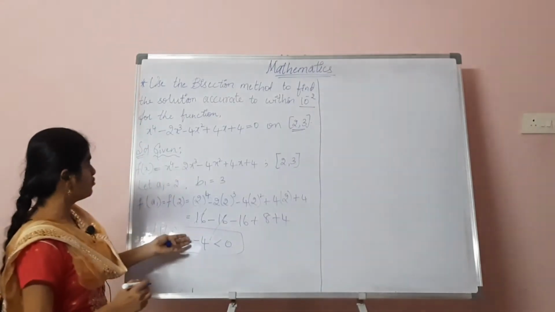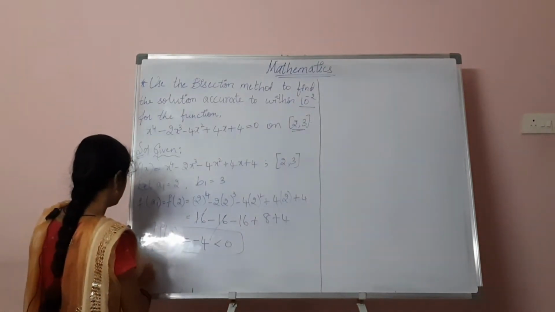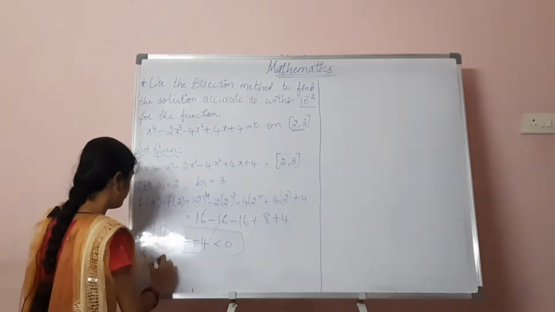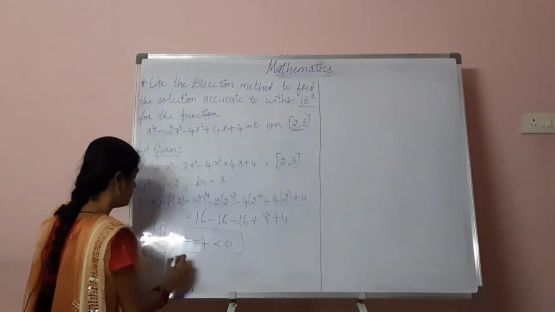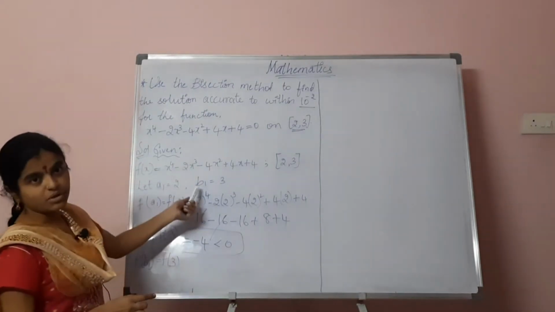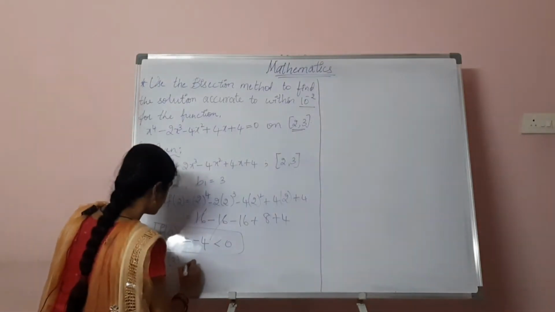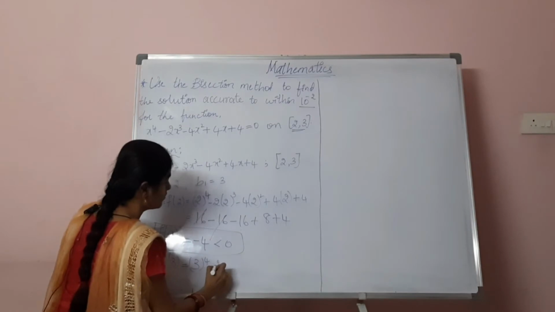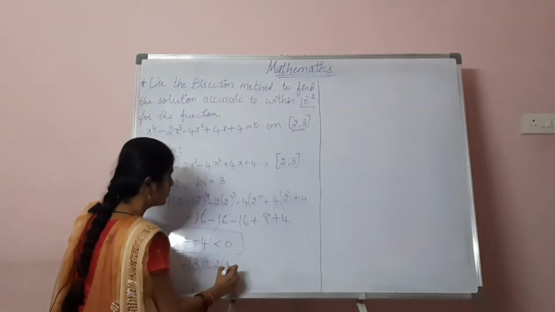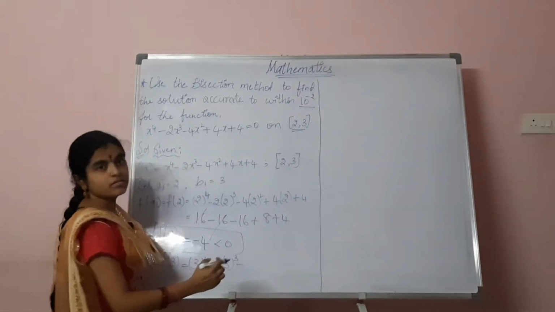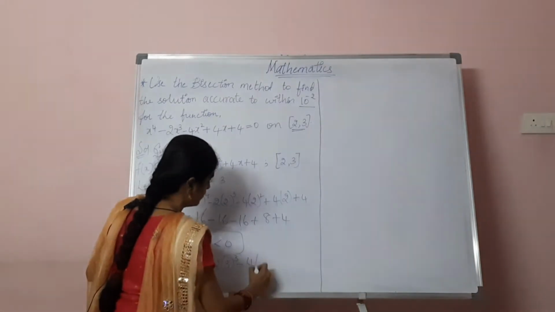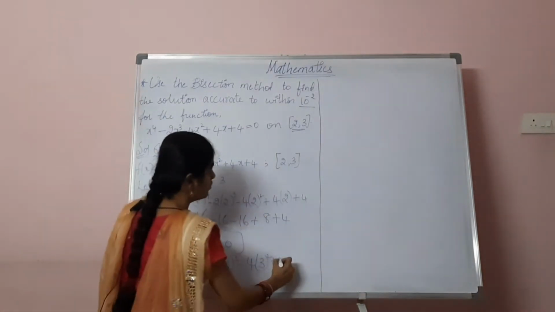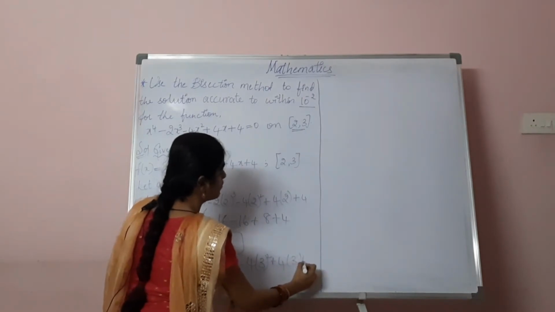Now coming to f of b1. What is b1 here? f of 3. Now we consider 3 in the same given equation. 3 power 4 minus 2 into 3 cube minus 4 into 3 square plus 4 into 3 plus 4.